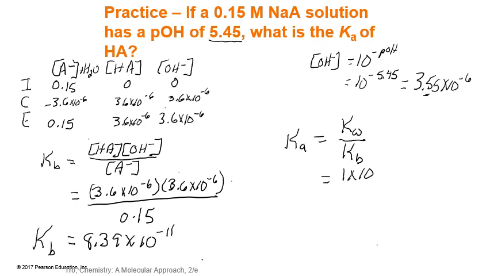So Kw is 1 times 10 to the negative 14th divided by Kb. And the Ka for our acid would be 1.2 times 10 to the negative 4th.